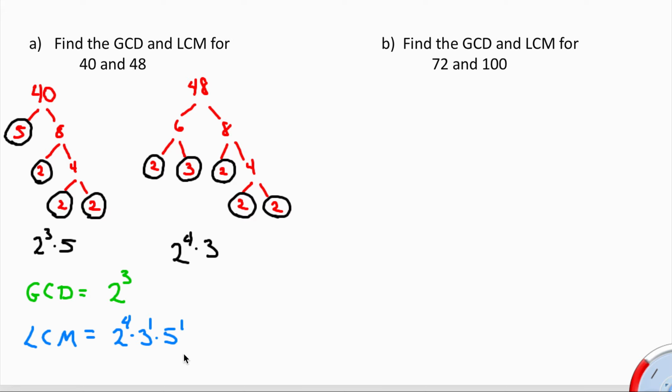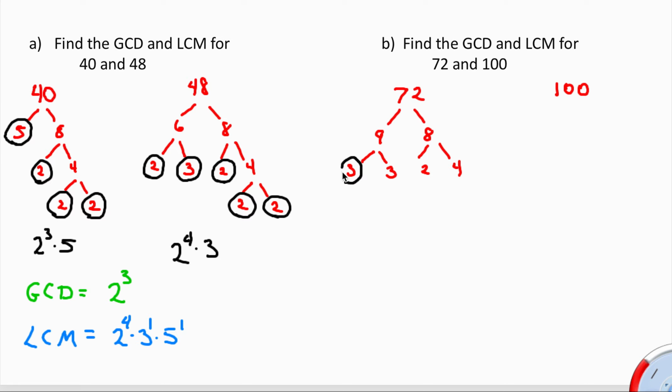Okay, so my greatest common divisor is 8. We could multiply these out if we want to, or I can leave it in exponential form. Let's do it for 72 and 100. Okay, so the first thing I've got to do is find the prime factorization for each one. So 72, what do you think of? 9 times 8? 9 is 3 times 3, and 8 is 2 times 4.